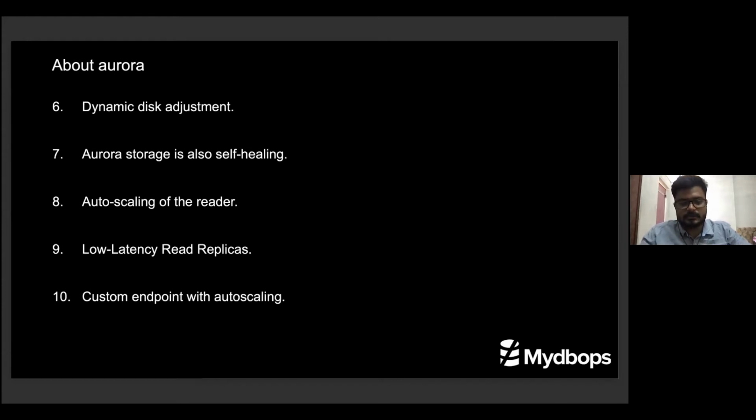As well as auto scaling of the readers. If there is a high load on the server and it can't manage, it will create one more read replica. All the queries will be distributed among the existing node as well as the new node. After the load has been reduced, the newly created replica will be dropped.